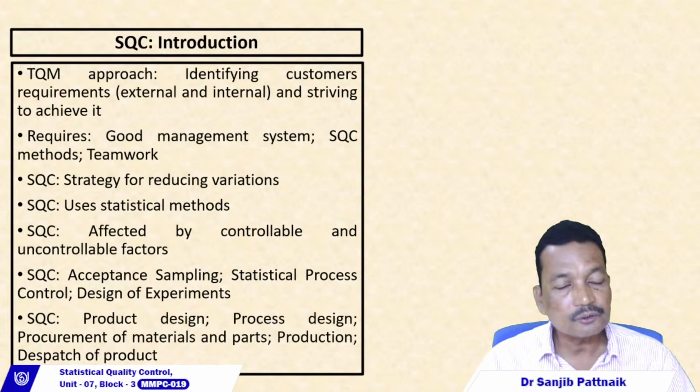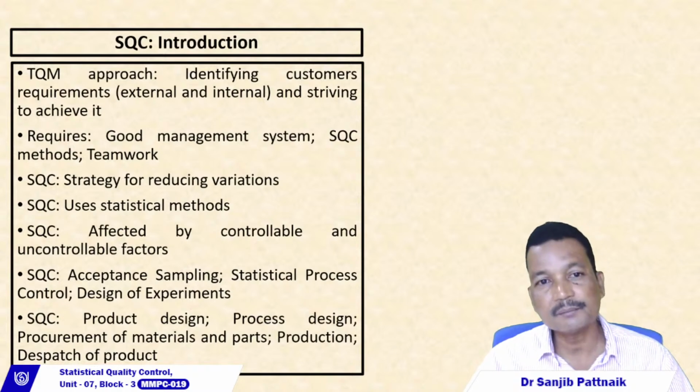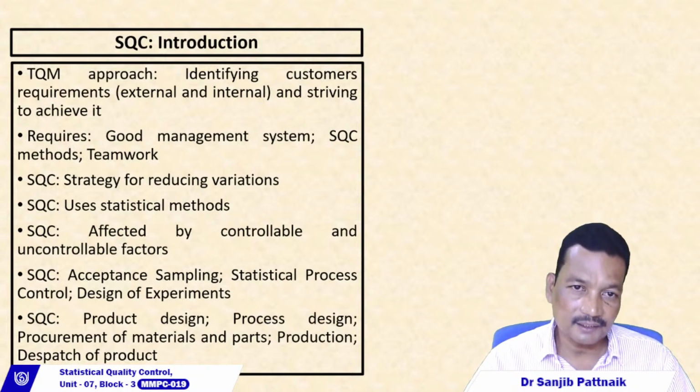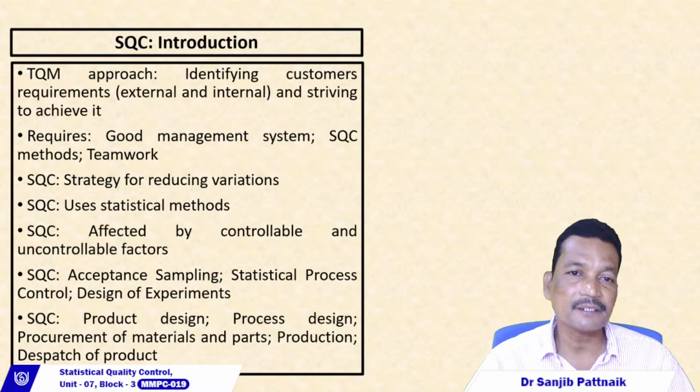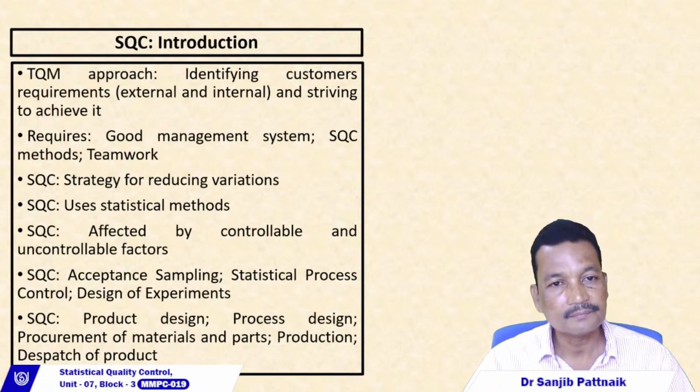Now, if the input from the other process in the system is not up to the quality standards, what will happen? The processing or the quality aspects in this particular department will also fail.